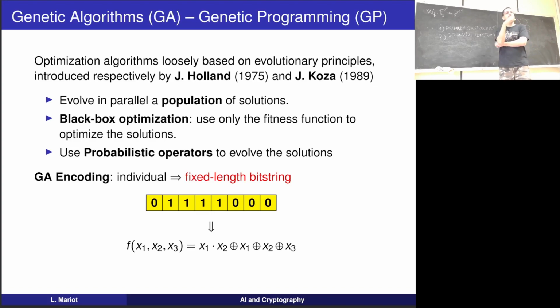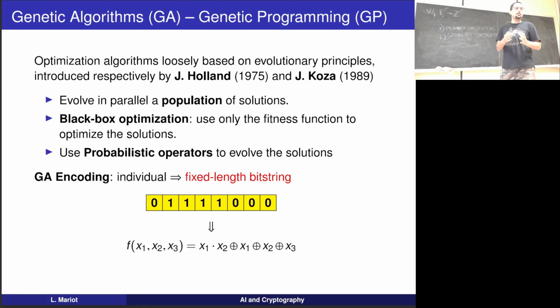So it means that we are only using the information given to us by the fitness function. We are not using something else like gradients or additional properties and structures from our search space. So just a function that is giving us a number, saying how good our solution is with respect to solving the combinatorial optimization problem. And then we use probabilistic operators to combine and evolve these solutions into a new generation, and then we iterate this.